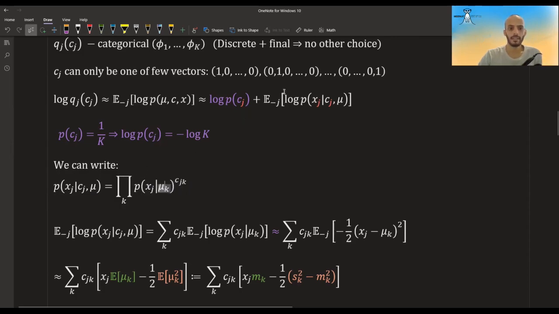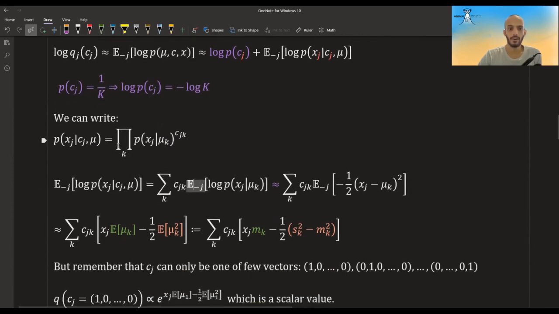So if we now take the expected value of this, we can break it down to this form, right? Because we take the log of this, it becomes a sum of the log of this, and then these exponents can go before the log. And then the expected value is linear, so it goes into the sum.